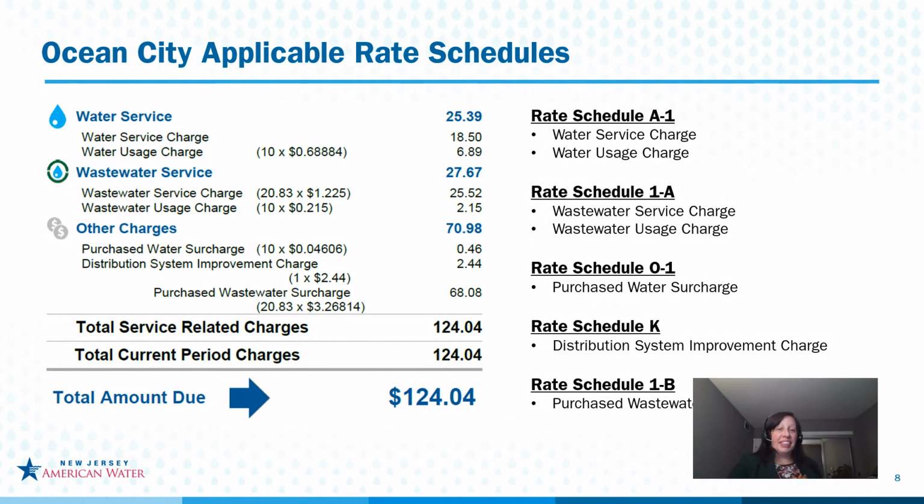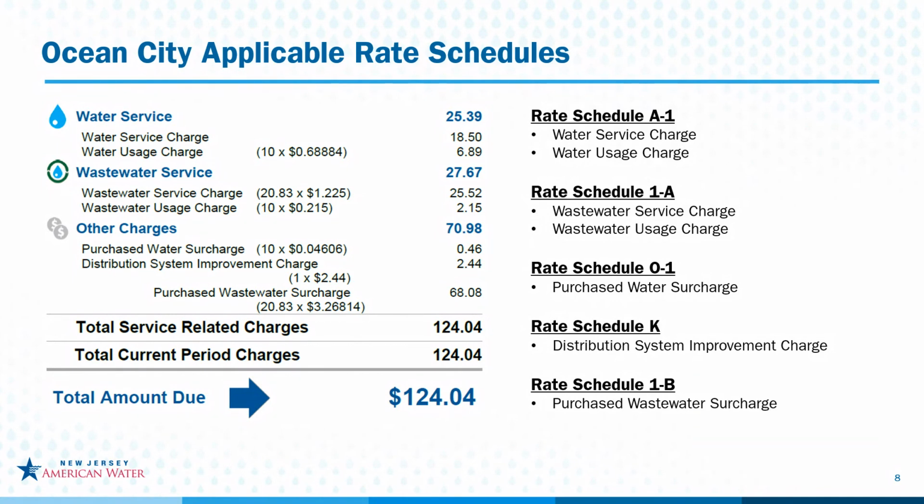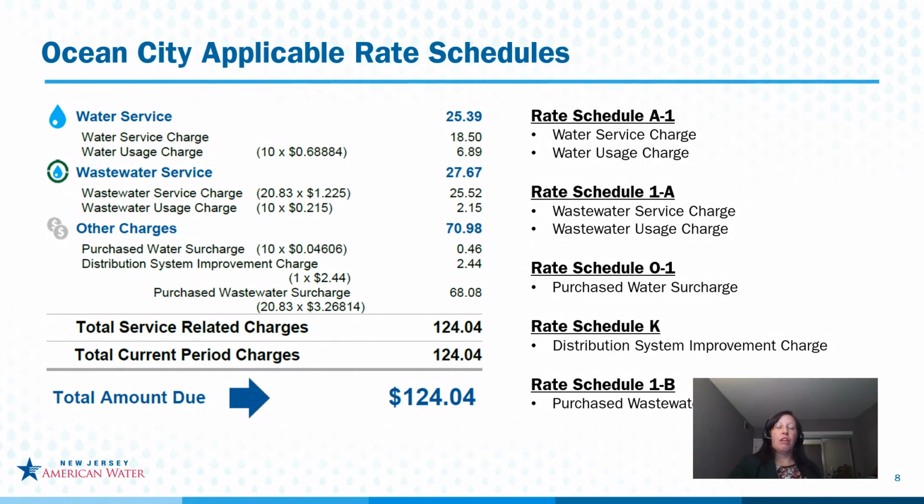Rate schedule O1 is the sheet that identifies the purchased water surcharge, and that applies to all water customers. Rate schedule K is our DSIC, or Distribution System Improvement Charge. Rate schedule 1B is the sheet identifying the rates for the Ocean City treatment system related to wastewater.